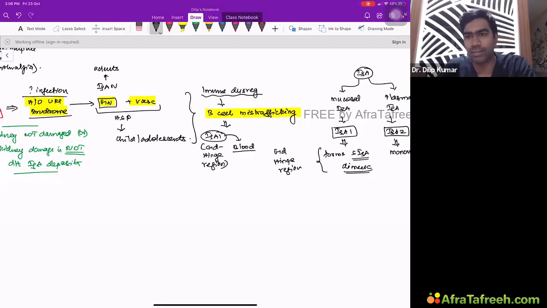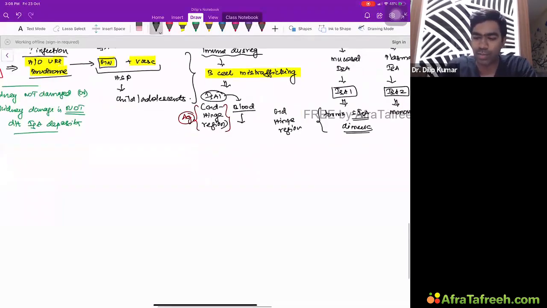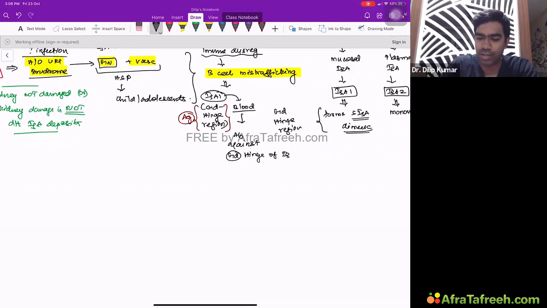The B cells are mistrafficked, producing IgA1 in the blood unnecessarily. And this galactose deficient hinge region acts as an antigen, and they are going to produce antibodies against it. You will start developing antibodies against this galactose deficient hinge region of IgA1.